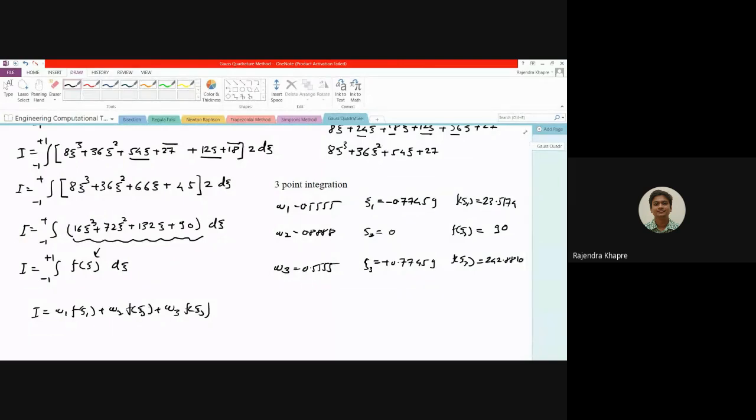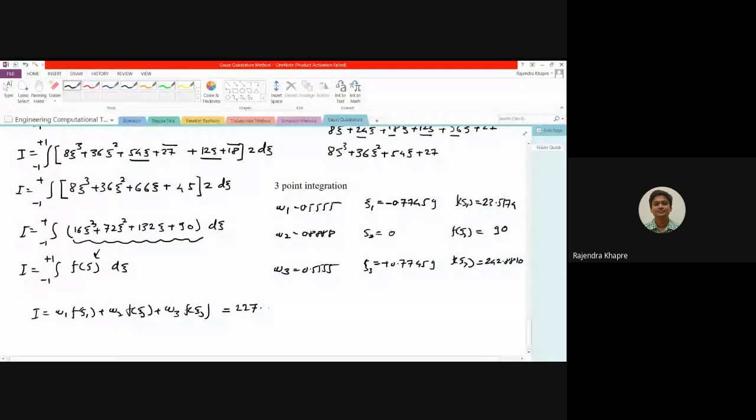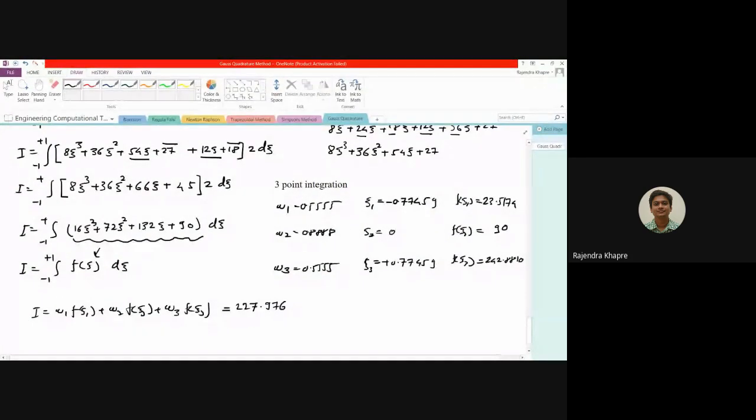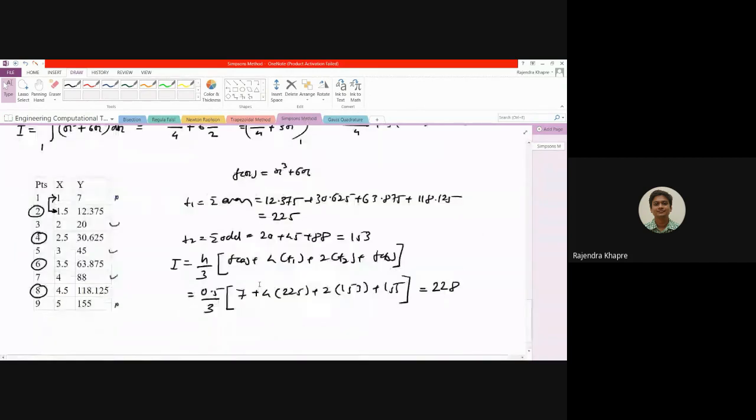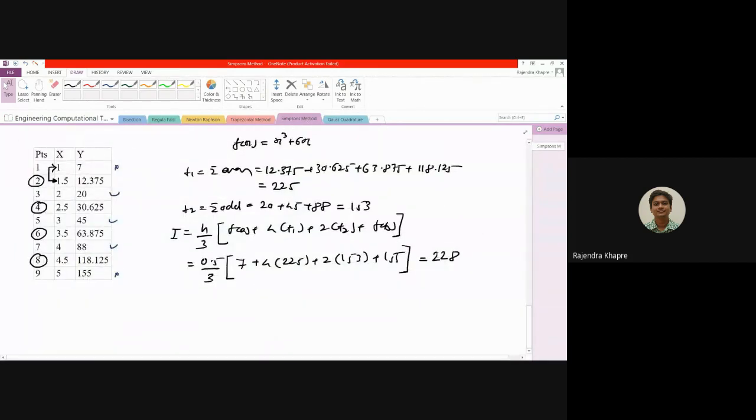So please do it and give me the value of I directly. 227.976, is it correct? Okay, and if you refer to the previous notes, the value is 228.